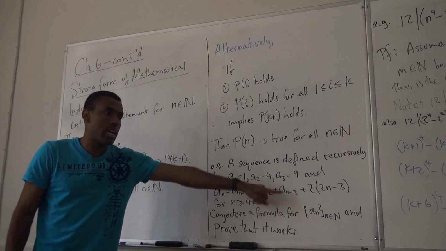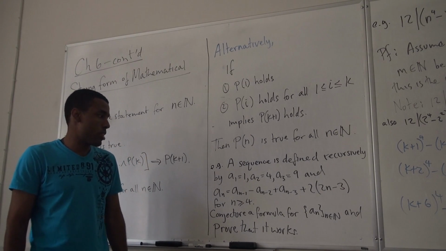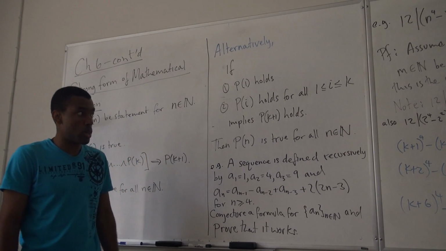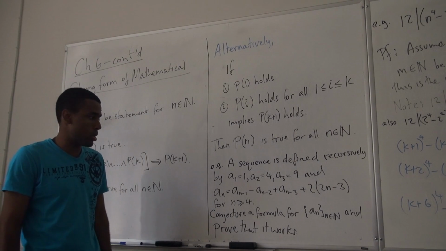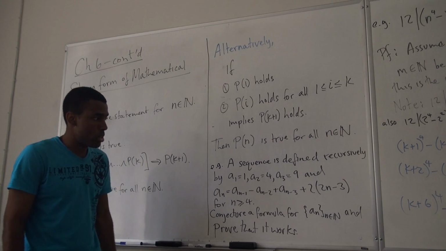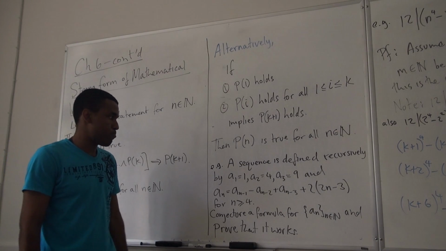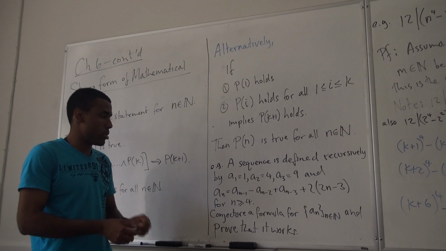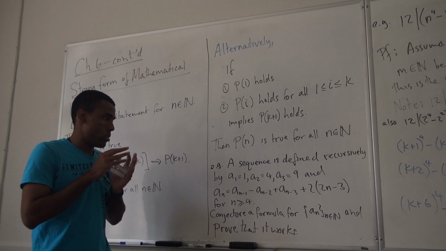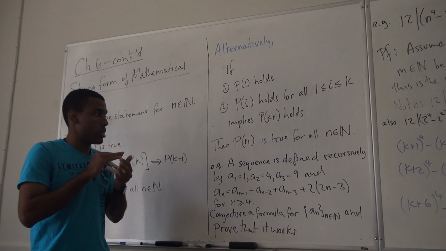Here we're going to need 3 guys that came before. So you have to verify at least 3 cases to make this work, maybe more, and prove that your formula works in general. So you can pick up with that example tomorrow, and we will continue from there.